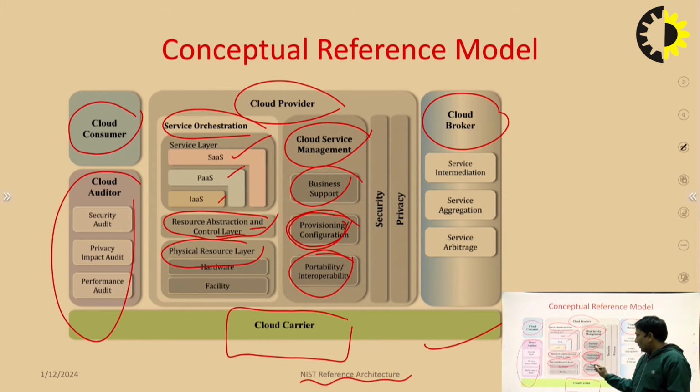And then portability and interoperability. Portability means that in this particular cloud computing, there is a concept of virtualization. What does it mean? It means that on the same set of hardware, a number of virtual machines can be created. Okay, this is possible due to the virtualization layer.